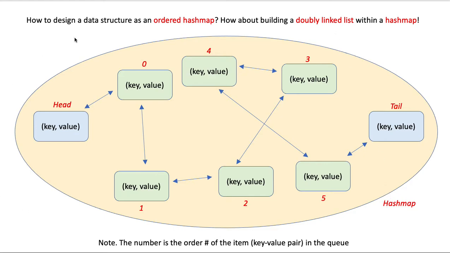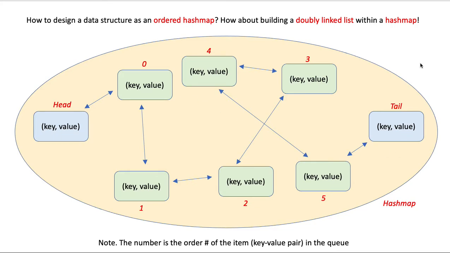So Hashmap, as you know, is similar to a set. The element within the set is unordered, but different from a set, it has a key value pair. But if we are able to link the items, like which one is the previous item, which one is the next item, then we can actually establish an order among the items within the hash map.